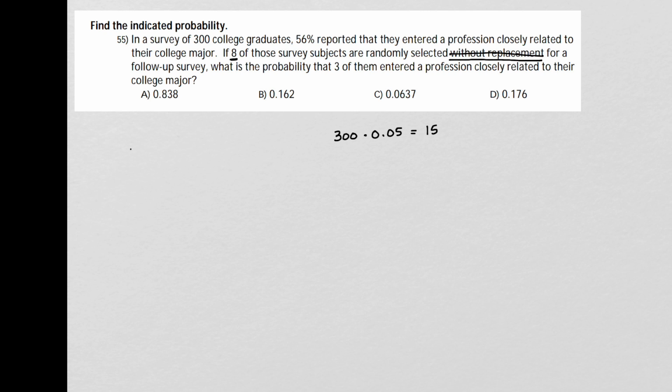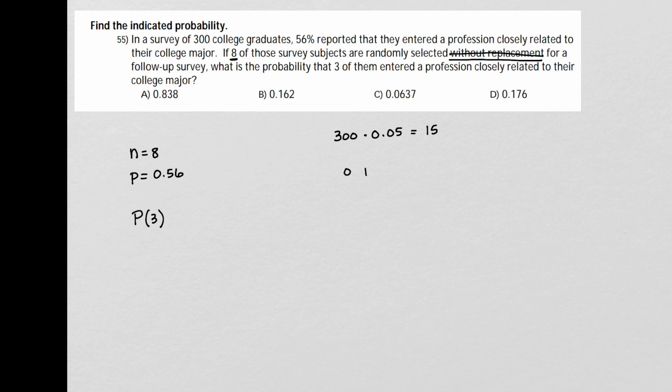All right, so our number of trials, we are selecting 8 individuals. Probability of success is 56% for an individual. And we want to find the probability that 3 of them out of the 8 entered a profession closely related to their college major.